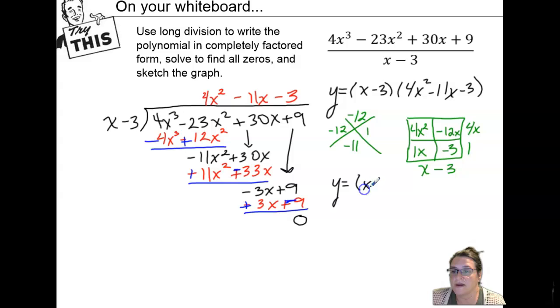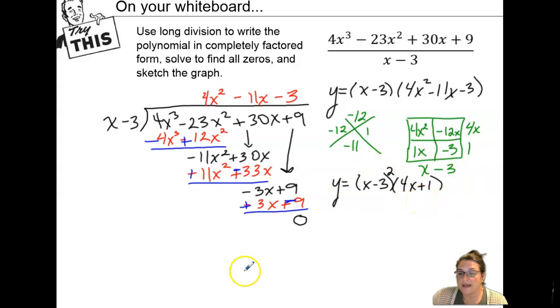I have my original x minus 3, and then I have another factor of 4x plus 1. Because this x minus 3 from my factor box is another instance of the same factor I had before, it has multiplicity of 2. So I can put a square on that first factor, and this would be my completely factored form.